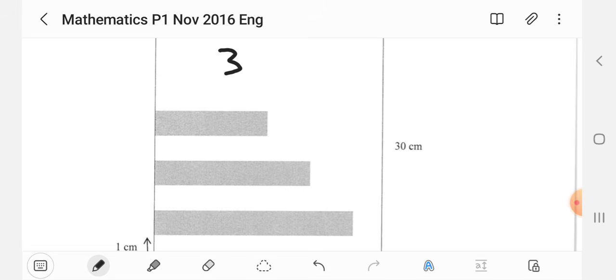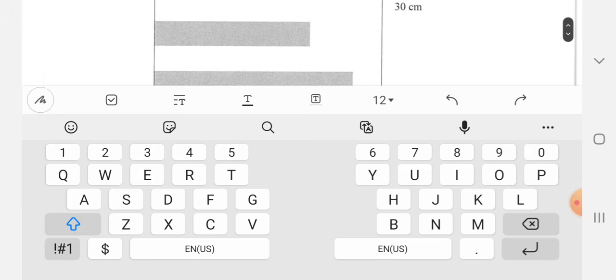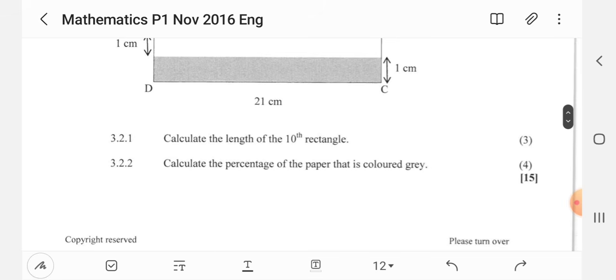So it means it's 15 for the rectangles and 15 for the empty spaces. So we have to calculate the percentage of the paper that is colored gray.